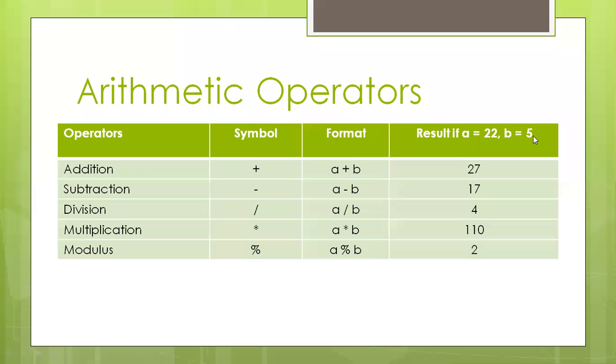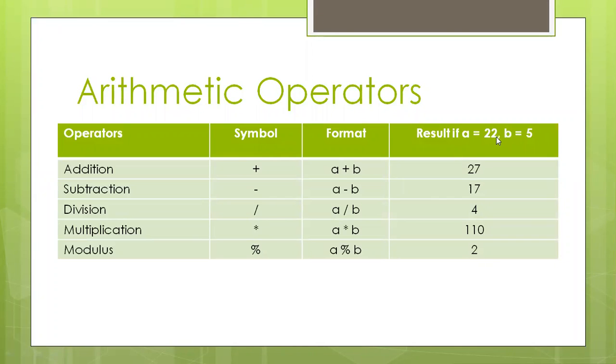If you remember, integer means whole numbers, and a whole number cannot store the decimal point. Both are integer values, so obviously the result will be given as an integer only. Remember, the division operator will give you only the quotient.